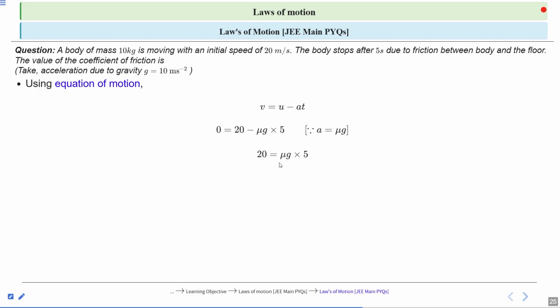So it will be 20 is equal to mu g into 5. So mu will be 20 divided by 10 into 5. Here g is equal to 10 meter per second square. So the value of the coefficient of friction is mu is equal to 0.4. Clear? This is the correct answer.